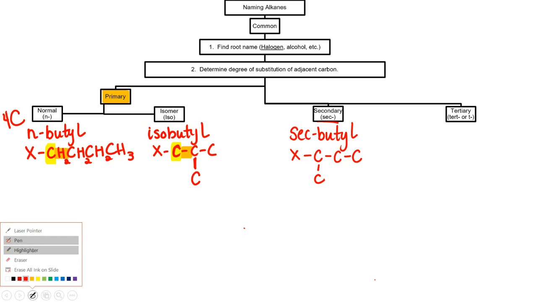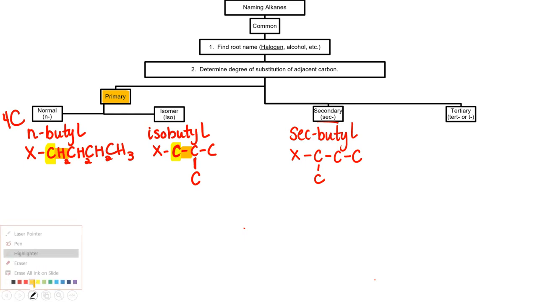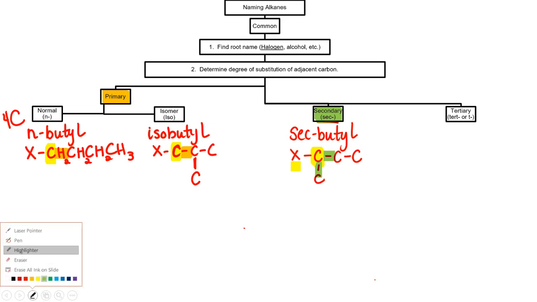So in this case, our carbon of interest right here, the one that's attached to a functional group, it's actually attached to 2 other carbons. That's what makes it secondary, these 2 bonds to neighboring carbons.